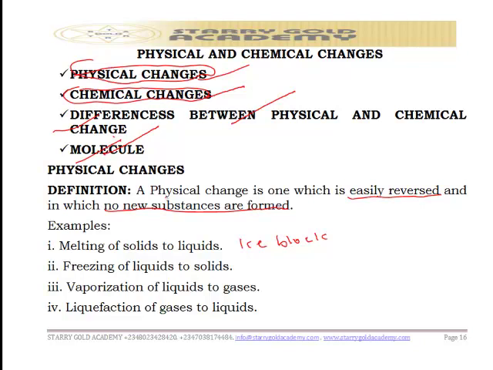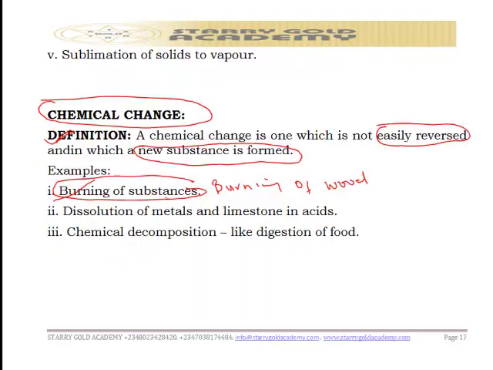We have examples there: the melting of solid to liquid, like an ice block; the freezing of liquid to solid; the evaporation of liquid to gases; the liquefaction of gases to liquid; and sublimation of solid to vapor, which I explained in our previous classes.